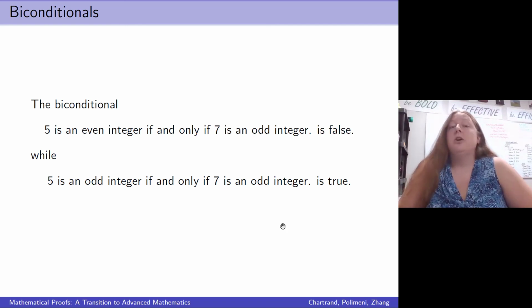So those two statements are not equivalent, and therefore the biconditional is false. On the other hand, if we change that word even, so we have 5 is an odd integer, which is a true statement, if and only if 7 is an odd integer, which is another true statement, then we have two things that are in fact logically equivalent.